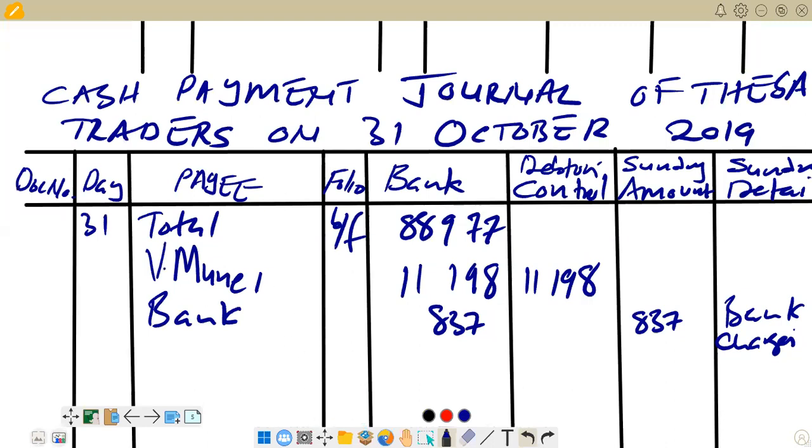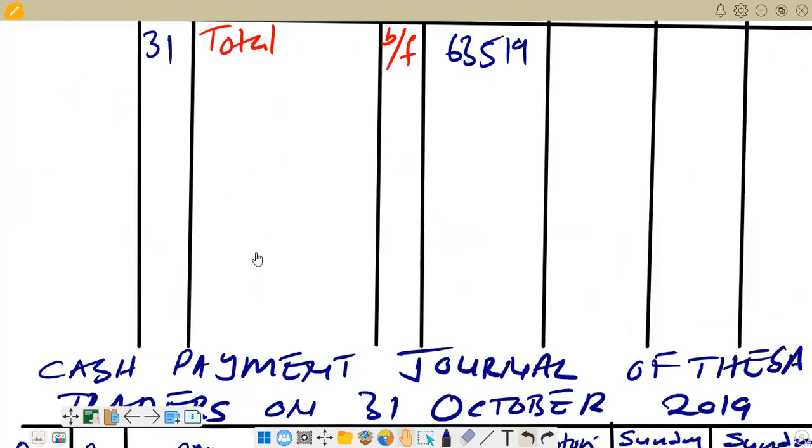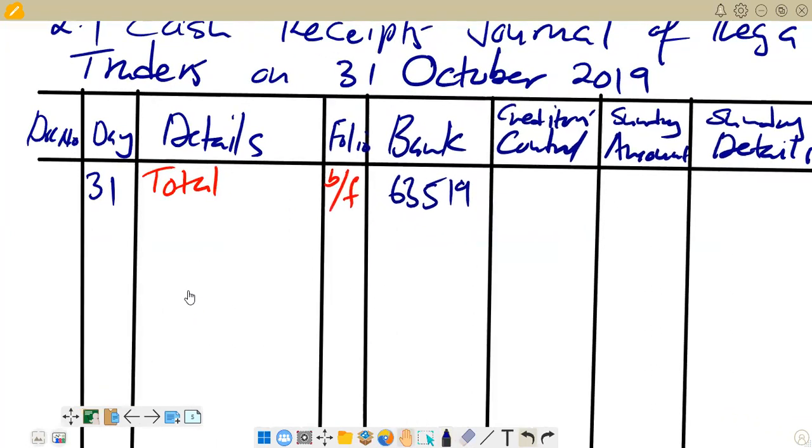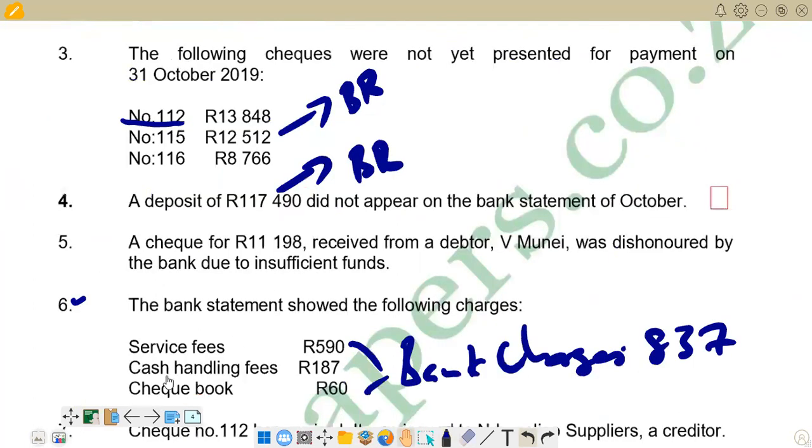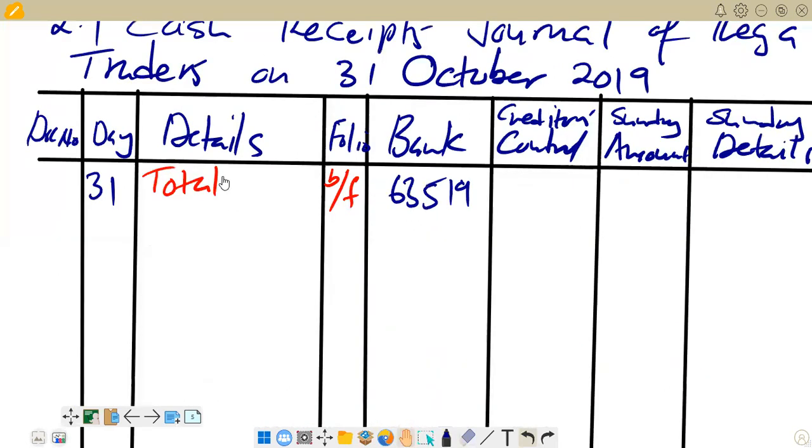So here we are entering it under the cash receipt journal. It's a check that we are cancelling. The amount is 13,848, and it was a check to a supplier, and Dumo Suppliers is the one that we have a check that we are cancelling.